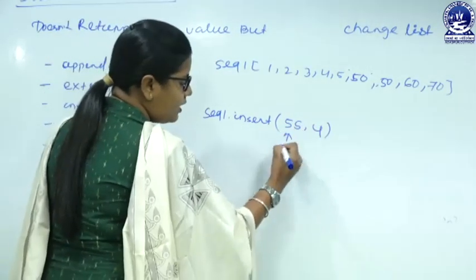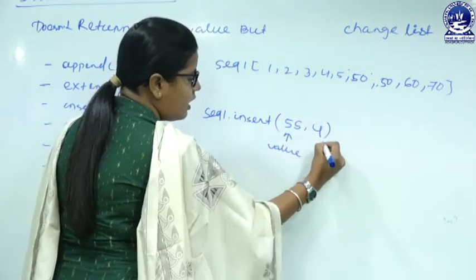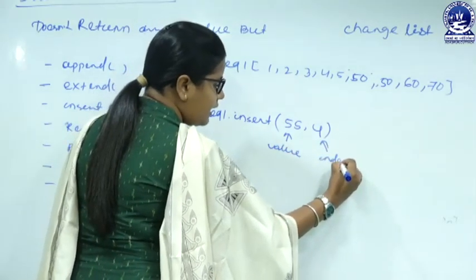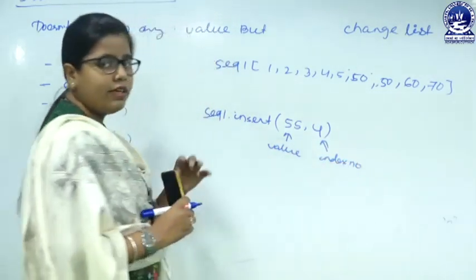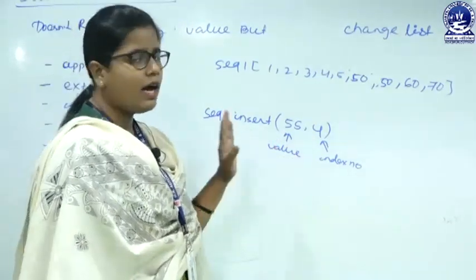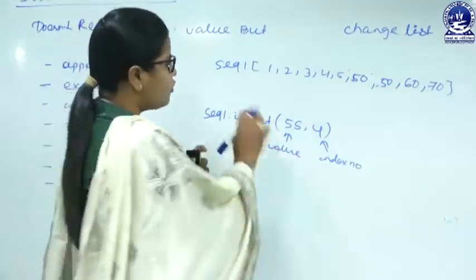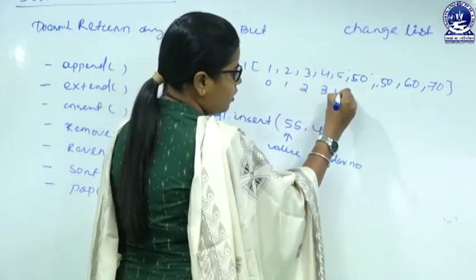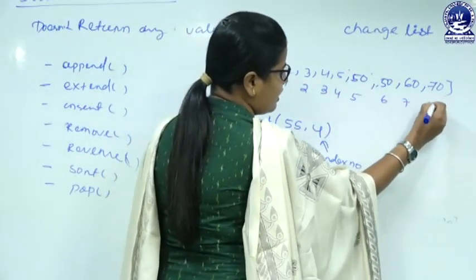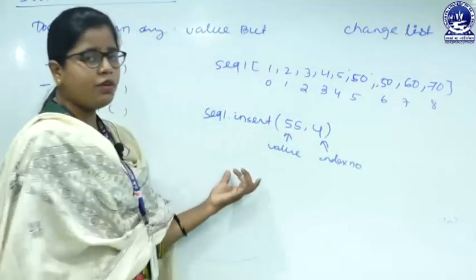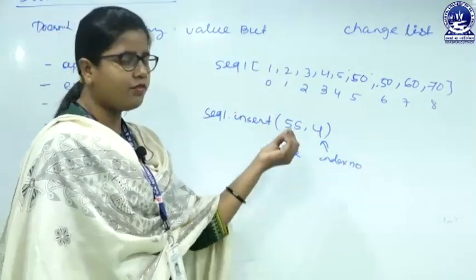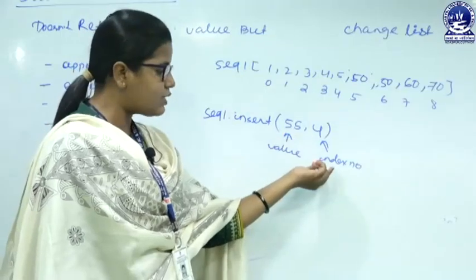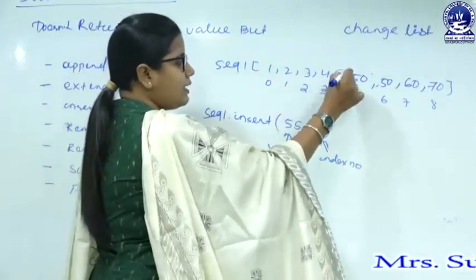This is the value and this is the index number at which we are going to add that 55. So what are the indexes here? 0, 1, 2, 3, 4, 5, 6, 7, 8. Where do we want to add 55? We want to add 55 at 4. What is there? There is 5.